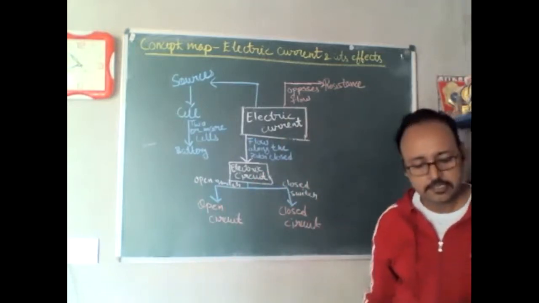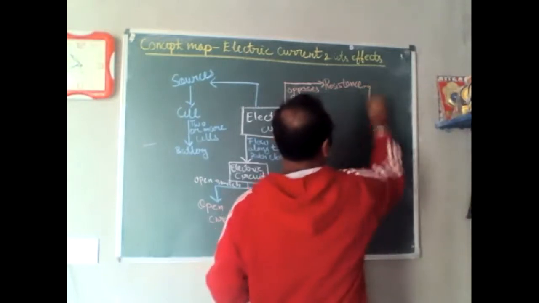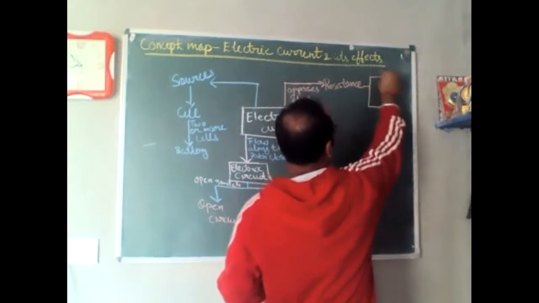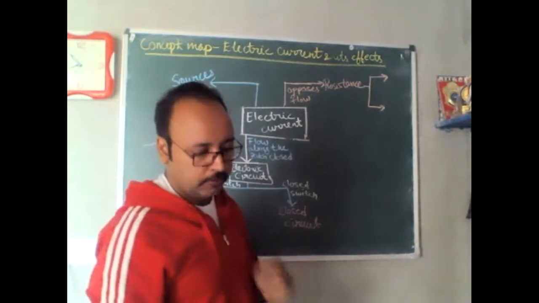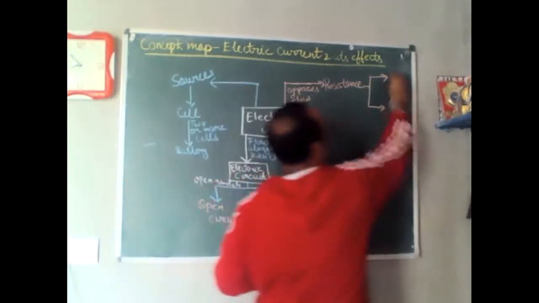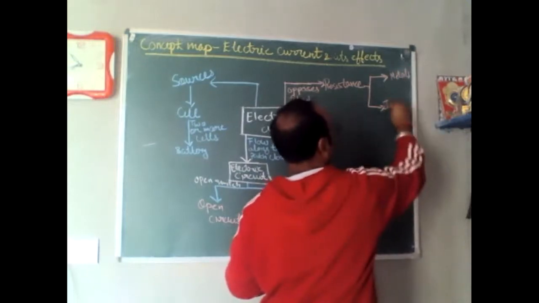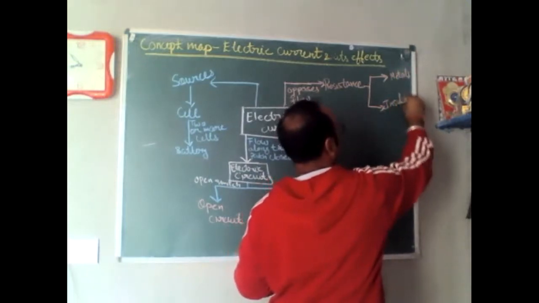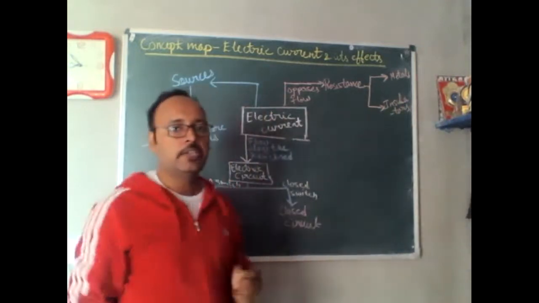That is resistance. Now, resistance is different for different objects. Like if I talk about metals and insulators, we usually say metals are good conductor of electricity.